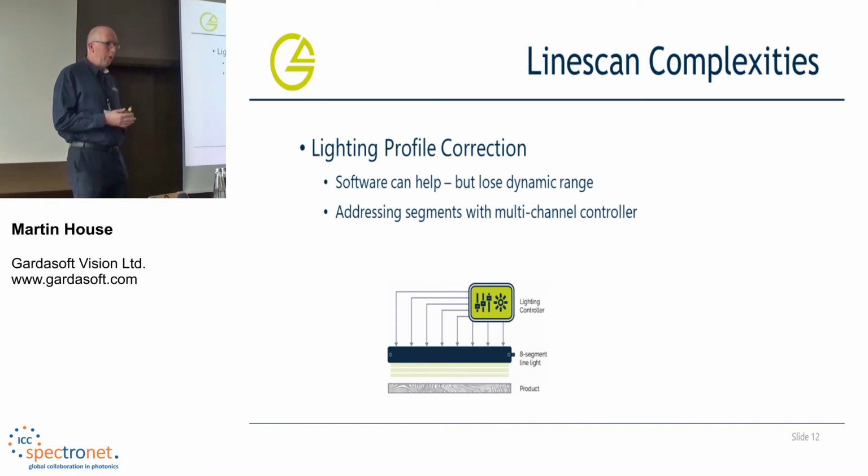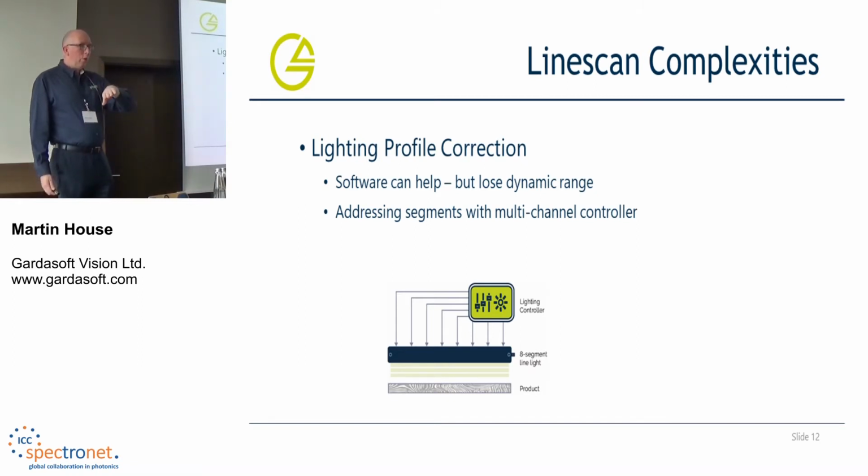This is a specific example of where people are trying to solve problems with Linescan, particularly if you have developed your own illumination. And the important thing, if you're doing a web inspection, is to have very even illumination across the web.